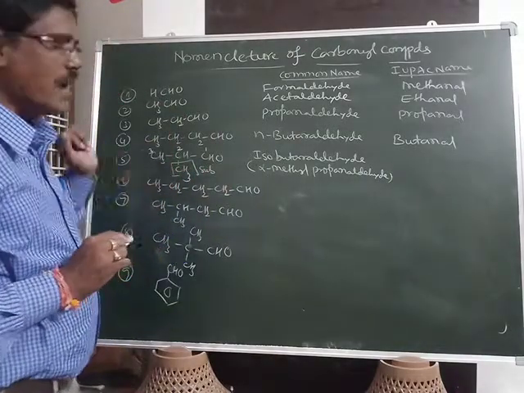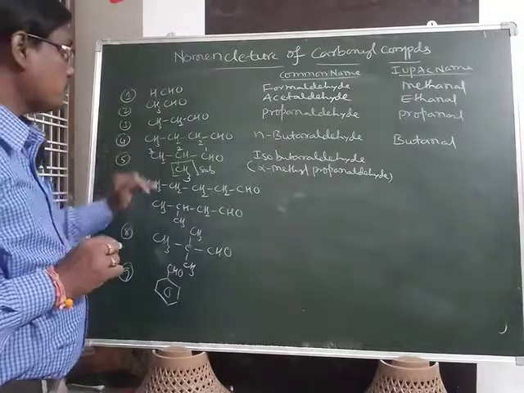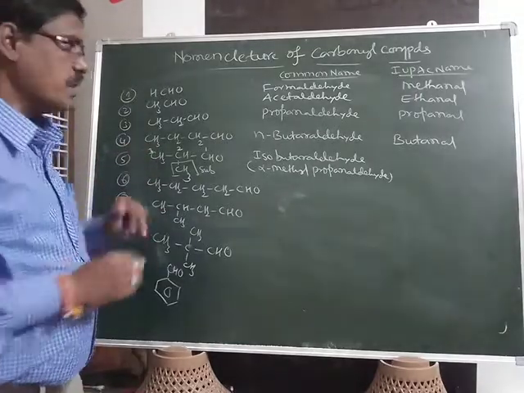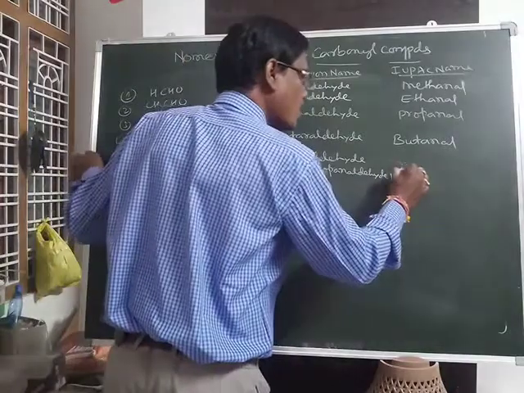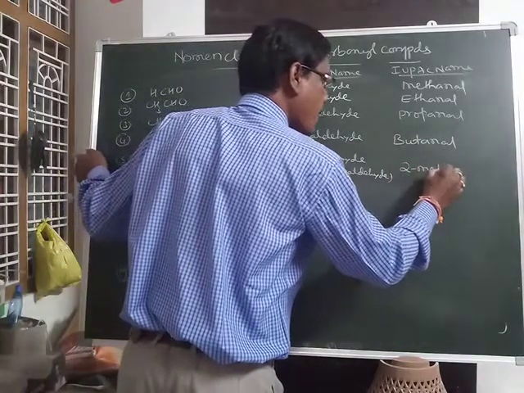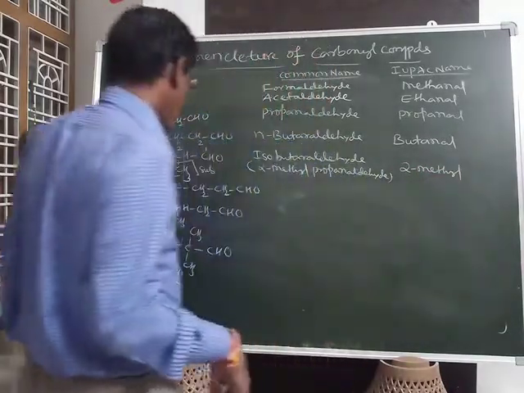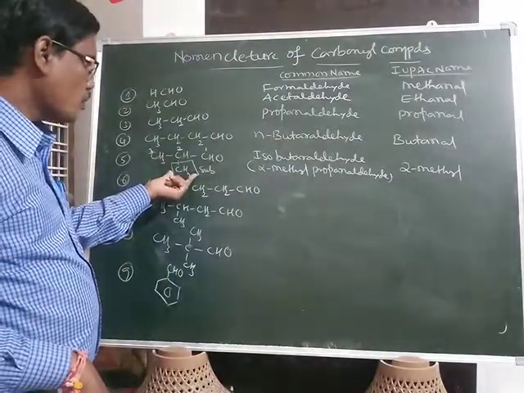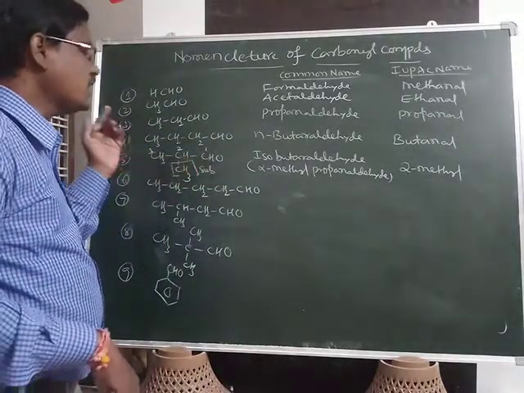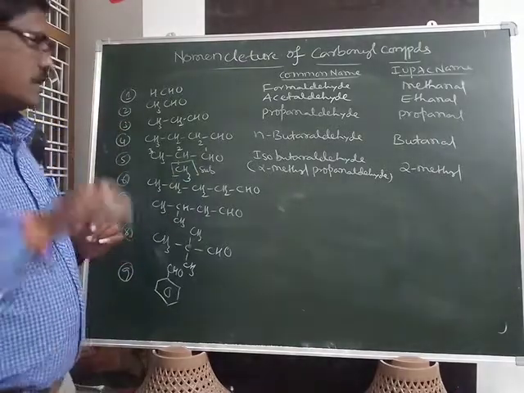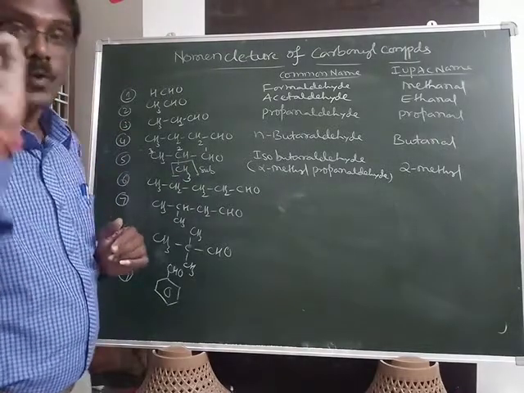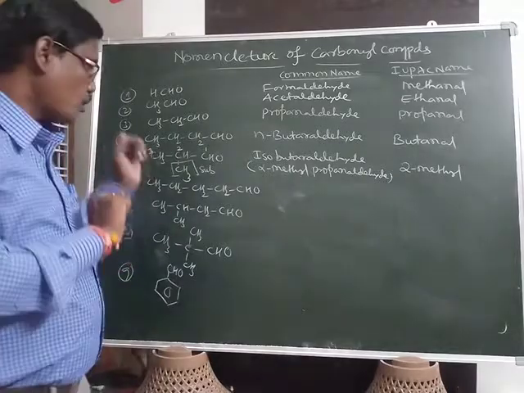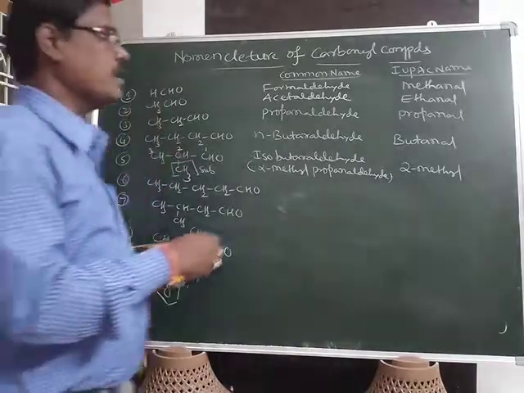Its name is methyl, and it is present at the second position, so it is 2-methyl. After this 2-methyl part, only 3 carbons are present in the chain, so its root word is propane. Pro plus an plus al, that is 2-methylpropanal.